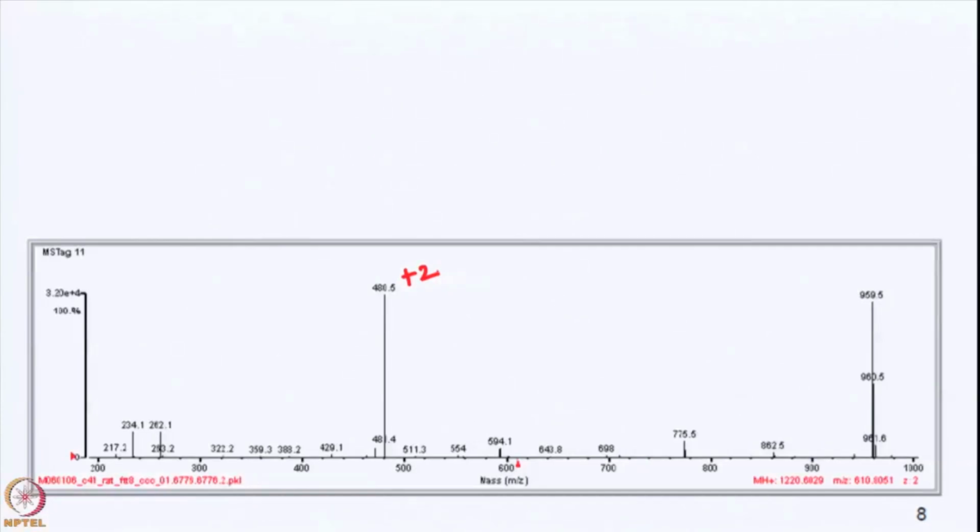262 to 959. That should be a BY pair, I think, right? 221, okay. And then the mass difference between these two is 28. All right.